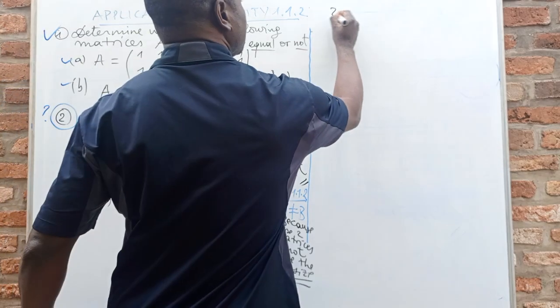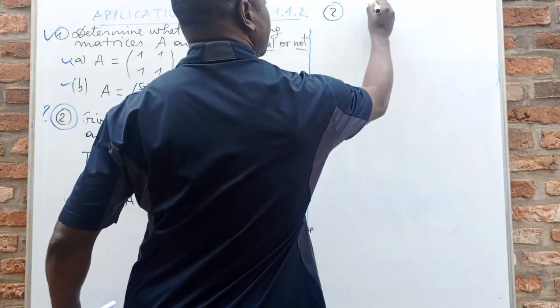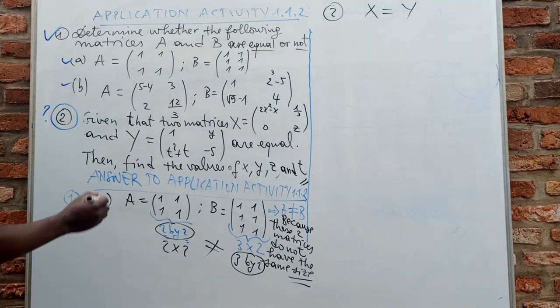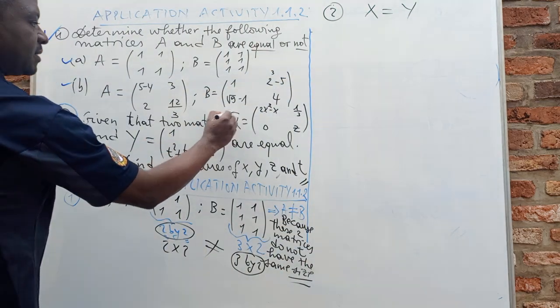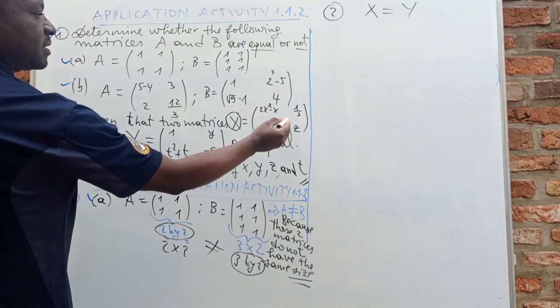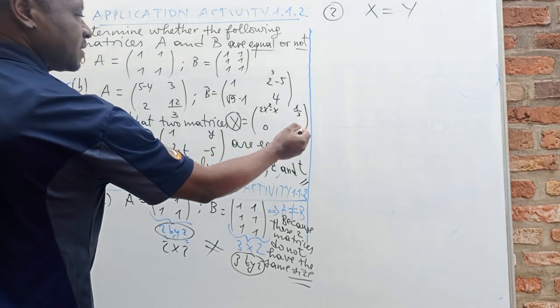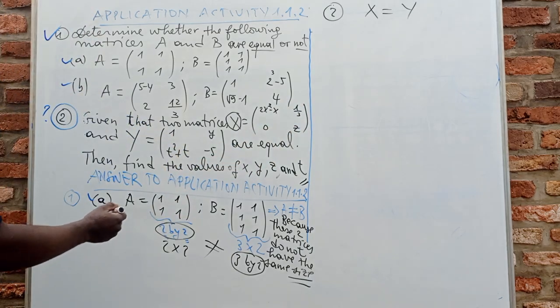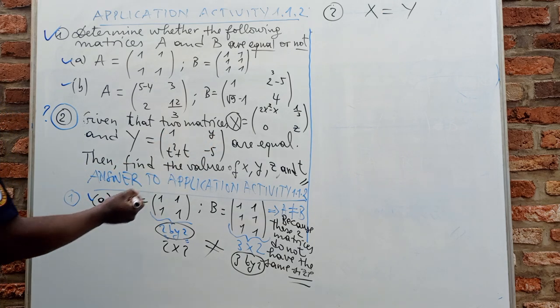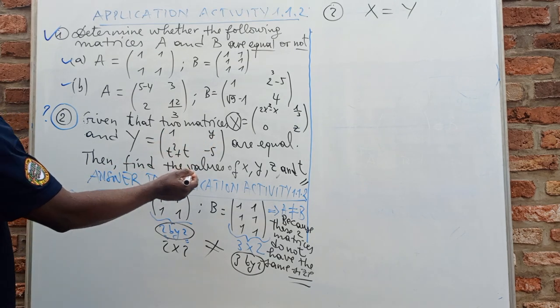Okay, so number 2, if X is equal to Y. In this case, matrix X is this one: 2x squared minus x, 0, 1 over 3, z. And we have Y: 1, t squared plus t, y, and minus 5.